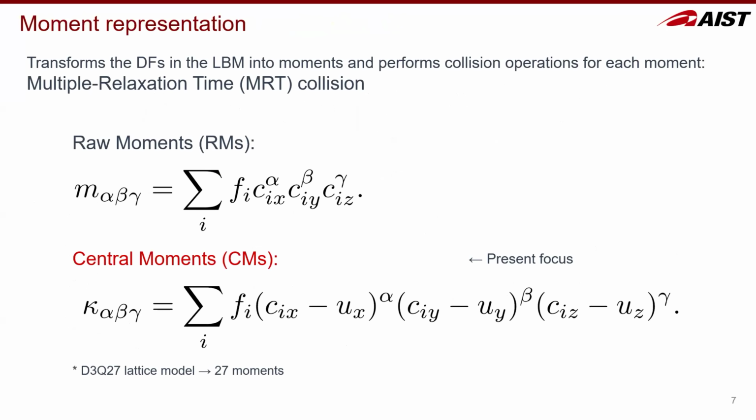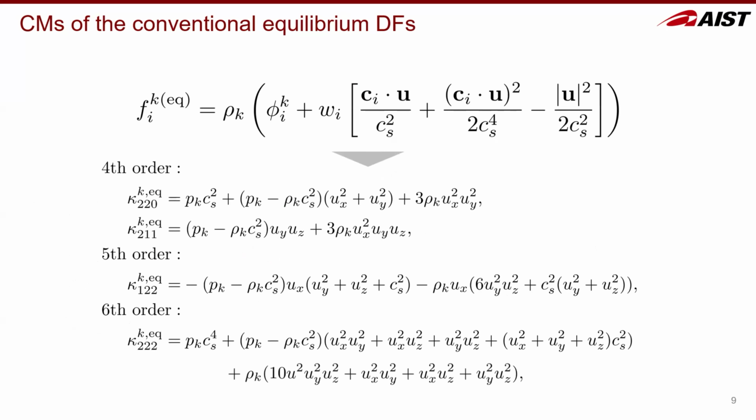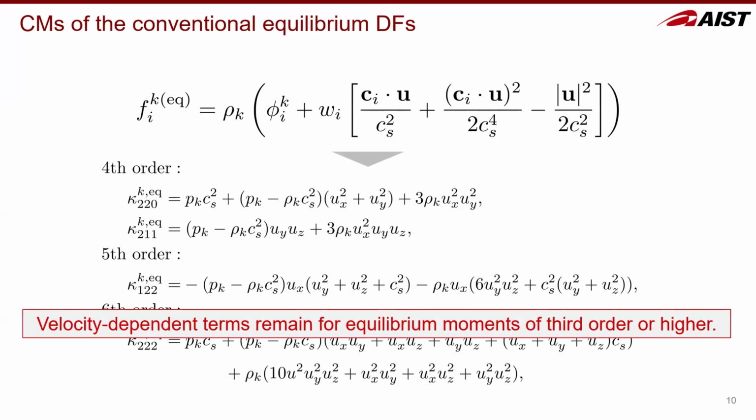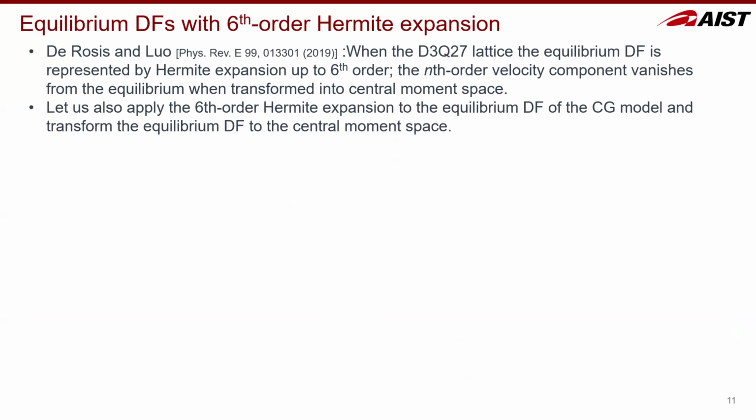As you can see, there are several velocity-dependent terms here and here. These velocity-dependent terms will remain in the equilibrium central moments when adopting the color gradient equilibrium DFs.